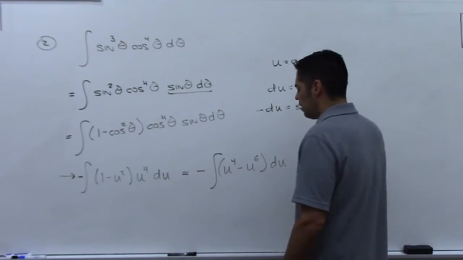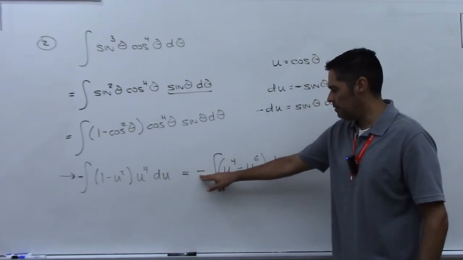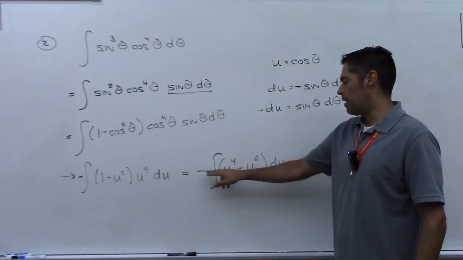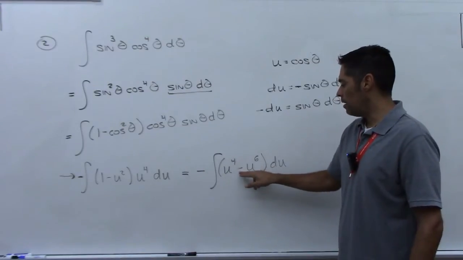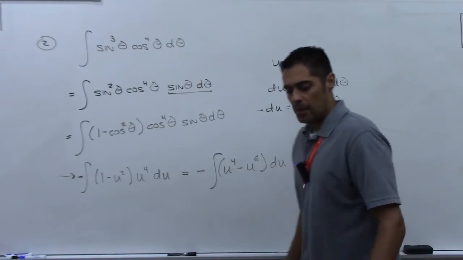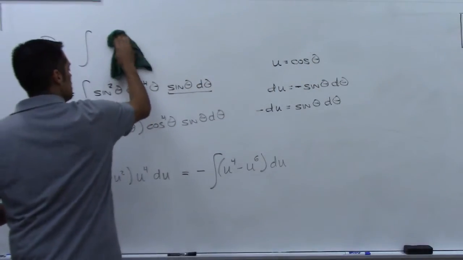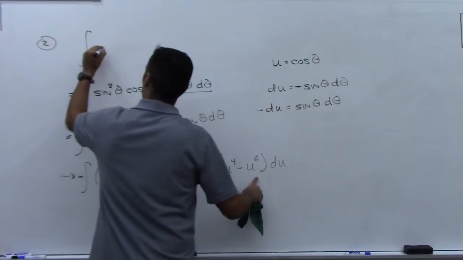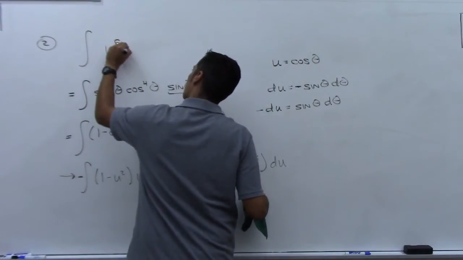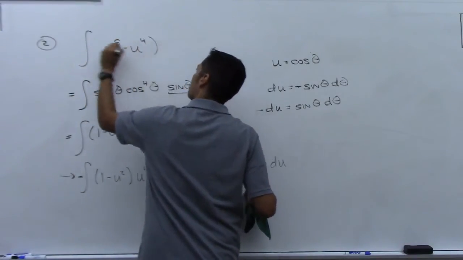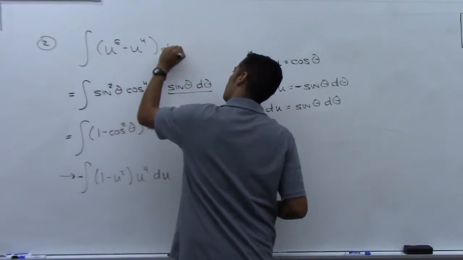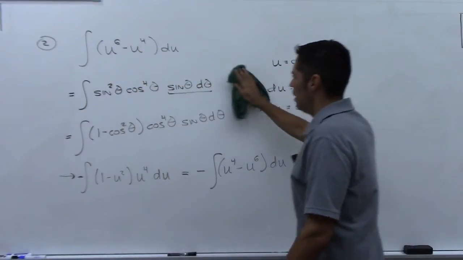One more thing before I integrate, because this is a negative: I'm going to multiply it back through, making that a minus u to the fourth and a plus u to the sixth. Then I'll rearrange the order, so that integral becomes positive u to the sixth minus u to the fourth du.